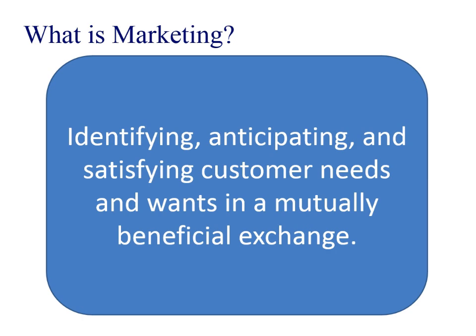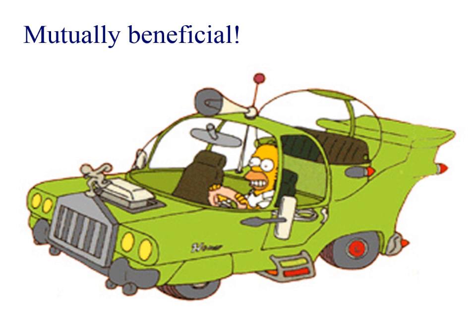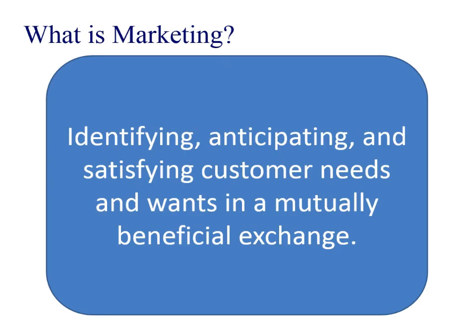So when I show students that definition, I usually show them this picture of Homer Simpson, and this is an episode of The Simpsons where he meets his brother, and his brother is an executive of a car company, and he asks Homer to design a car, and Homer comes up with this car that has a separate space, parents in the front and children in the back, so they don't annoy him while he's driving. And he's got all these gizmos and fancy things on it, and it's a complete disaster because it's not going to be mutually beneficial.